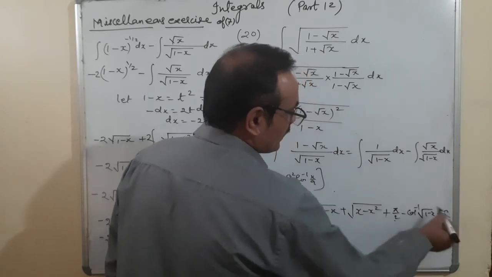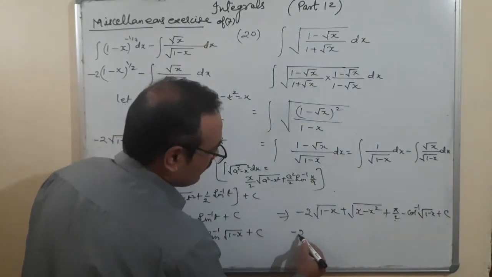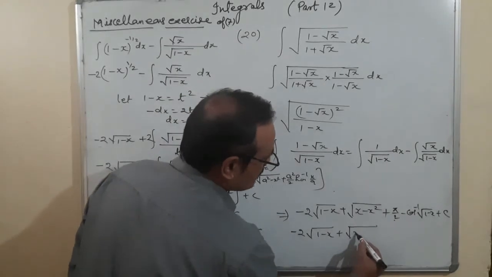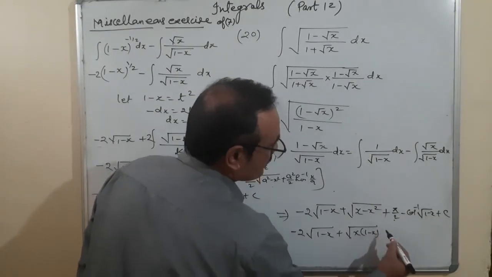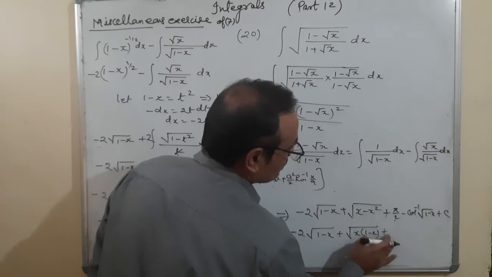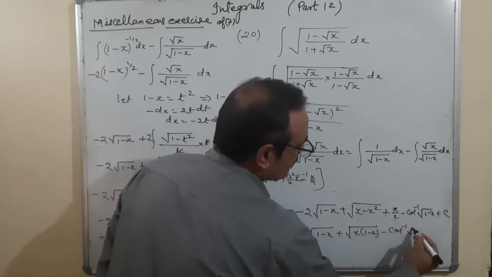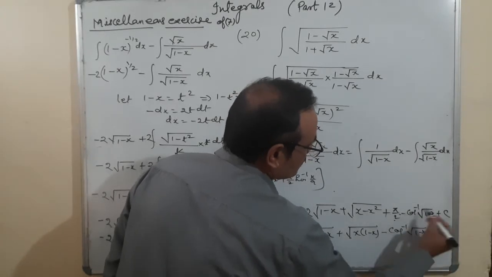This pi by 2 and plus c will become a new constant: minus 2 root 1 minus x plus under root x times 1 minus x minus cos inverse root 1 minus x plus c.